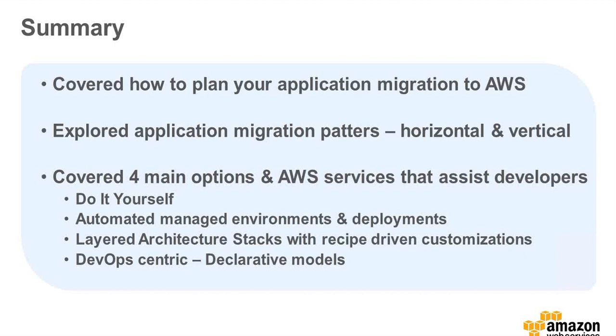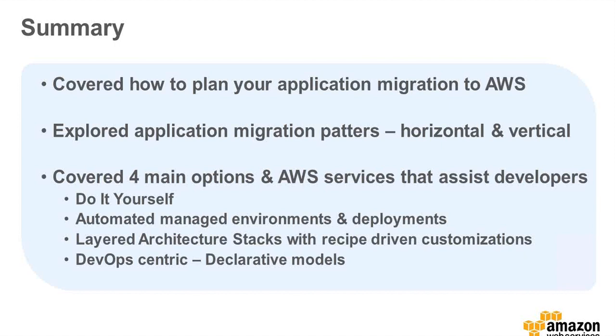We've talked about the 4 around do-it-yourself on EC2 deployment mechanisms, just like you're potentially doing today on-prem. Talked about the automated environment deployment via Elastic Beanstalk. Talked about the layered options by using OpsWorks and potentially reusing your own libraries of Chef recipes. And in fact, there's a large number of Chef recipes available on the internet.